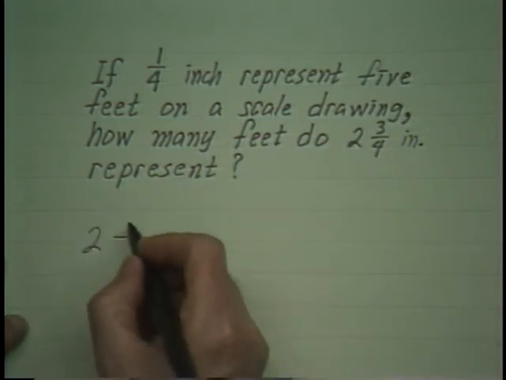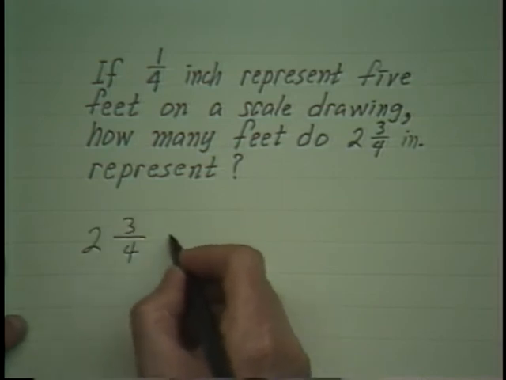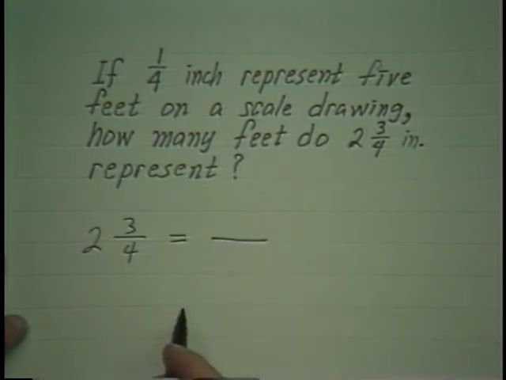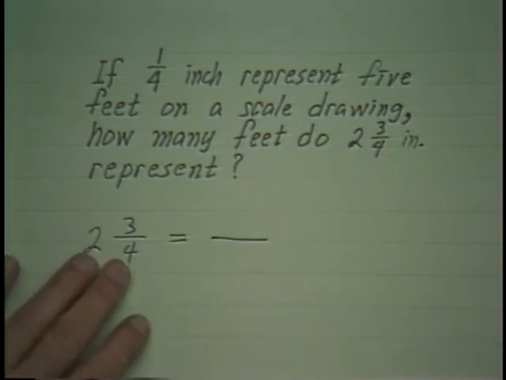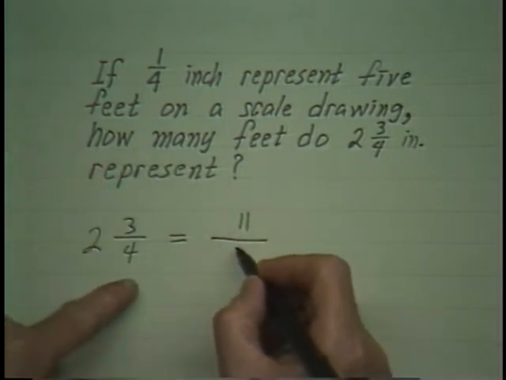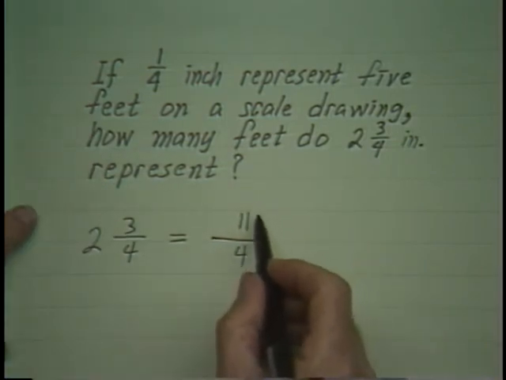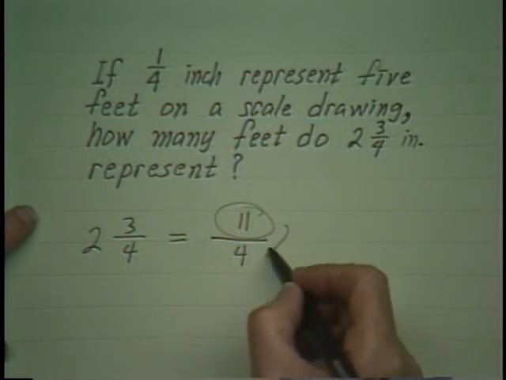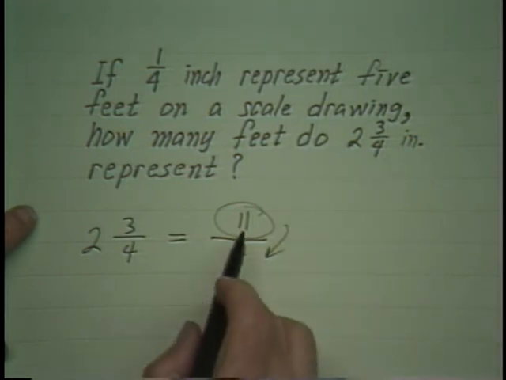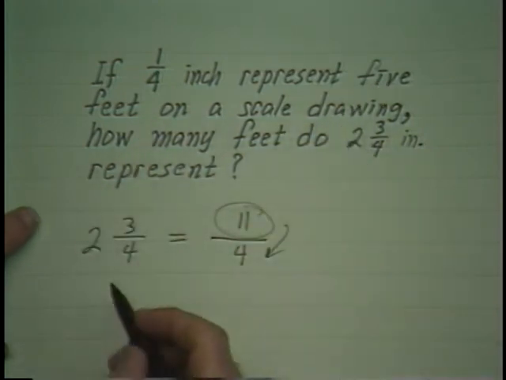So 2 3/4 changes to an improper fraction. Multiply these two is 8. Add to that is 11 over 4. So I have 11 1/4-inch pieces. But each one of those is 5 feet.